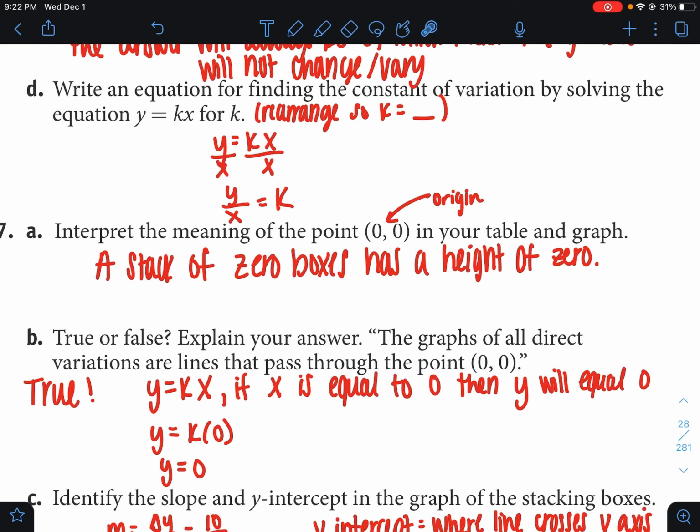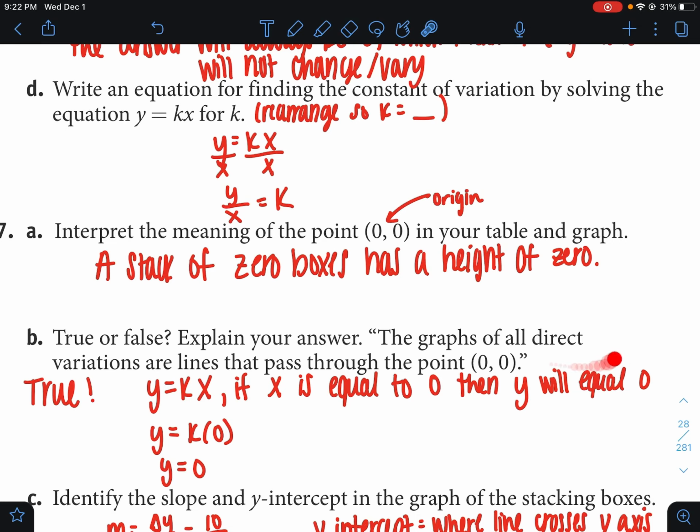Now, this might be a little tricky to think about if you don't put it in terms of an equation. If we look at the first version of our direct variation, y is equal to k times x. Well, if x is equal to 0, then y should always be equal to 0.